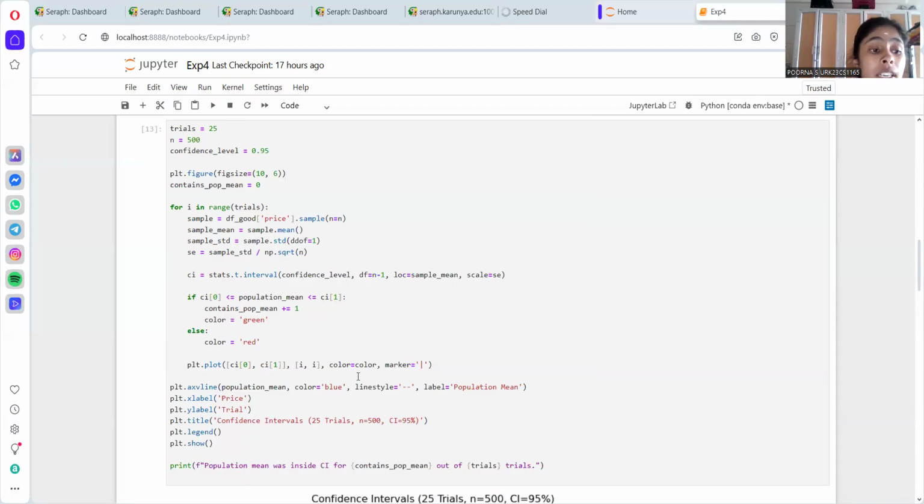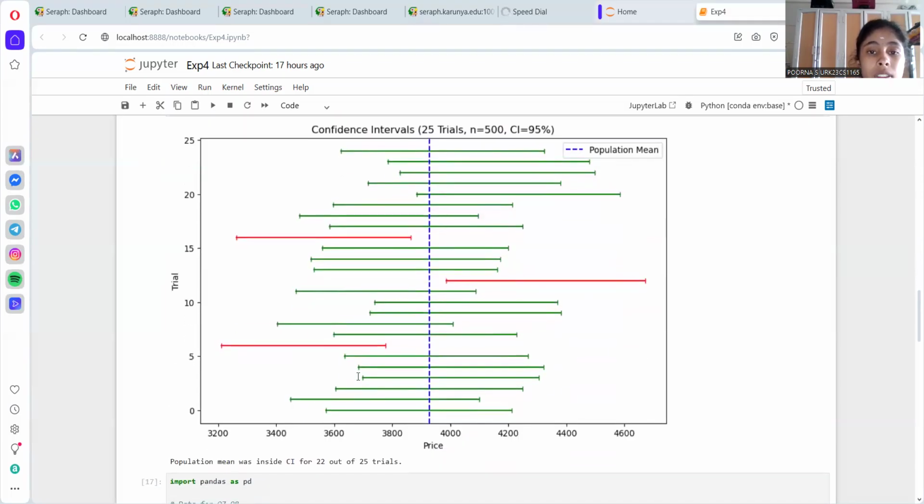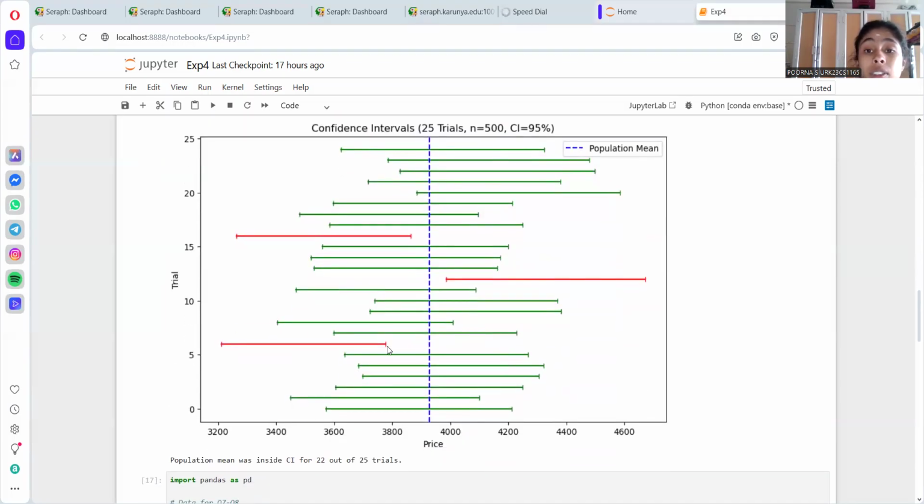We use plt.errorbar to plot each trial's confidence interval range. Then we draw a red dashed line for the population mean to compare. So these are the confidence intervals for the 25 trials in the price column, with n equal to 500 and a 95% confidence interval.